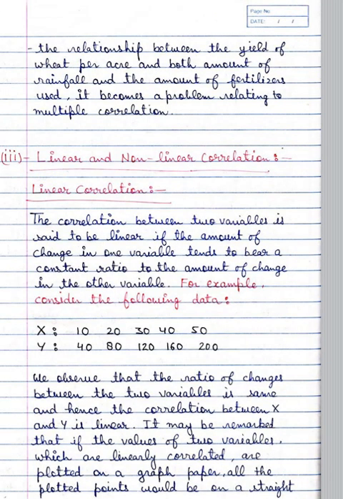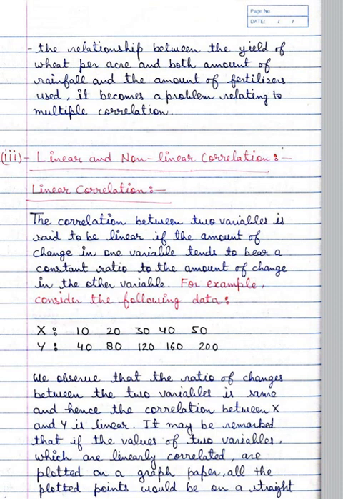If we study the relationship between the yield of wheat per acre and both the amount of rainfall and the amount of fertilizers used, it becomes a problem relating to multiple correlation. In partial correlation, we did not consider the effect of fertilizers used.